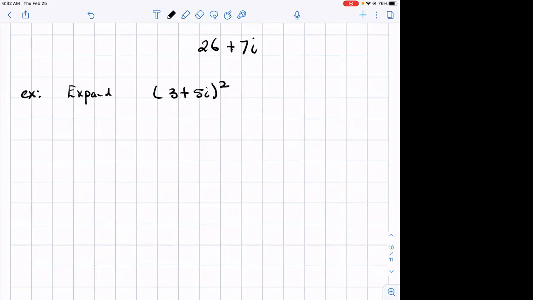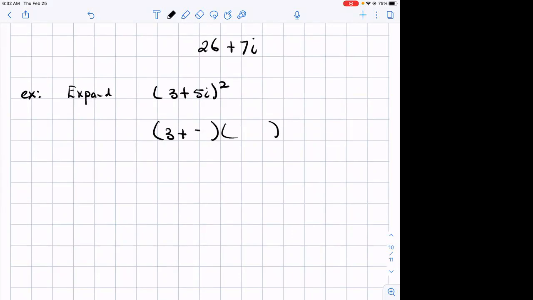Now remember that square means write the parentheses twice, right? Please do not distribute the power. So 3 plus 5i and 3 plus 5i. And here we apply the same as we did before. We FOIL it out.